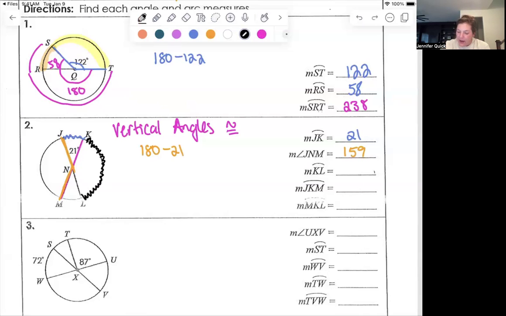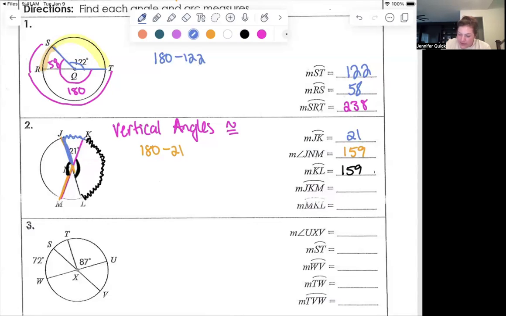Okay. So KL, actually KL is the exact same as this because those are vertical angles. So JNM was 159. So the measure of KL is the exact same. Okay. The measure of the angle JKM. So we've got JK.